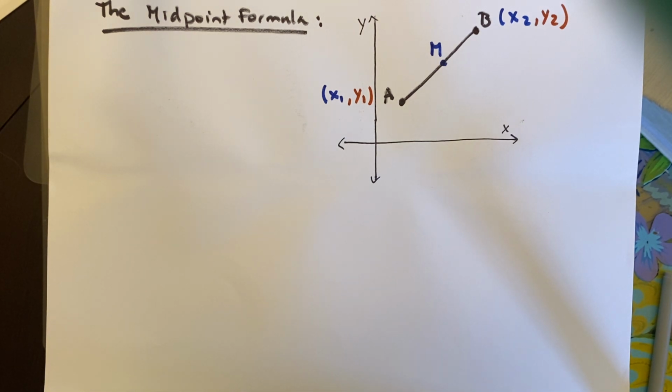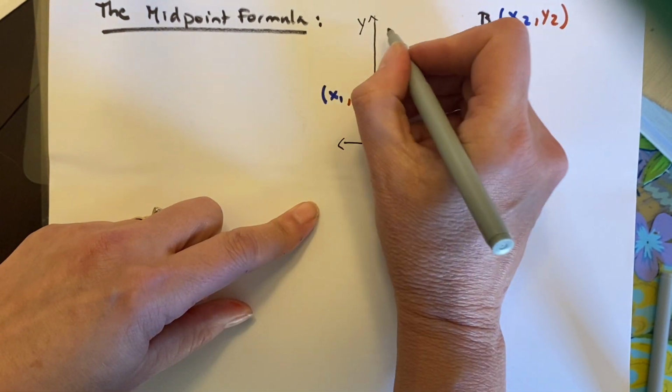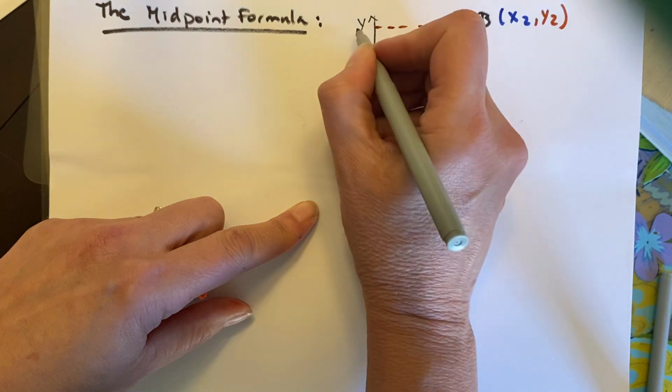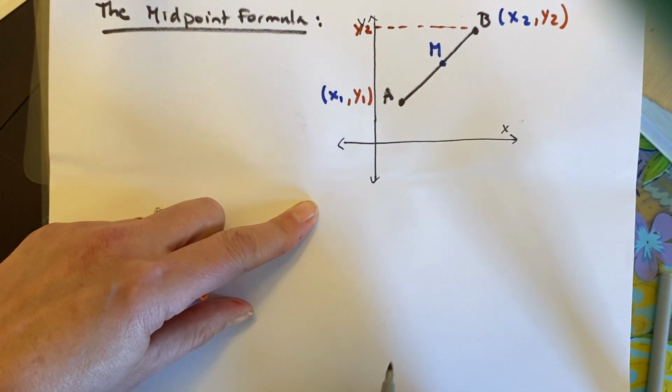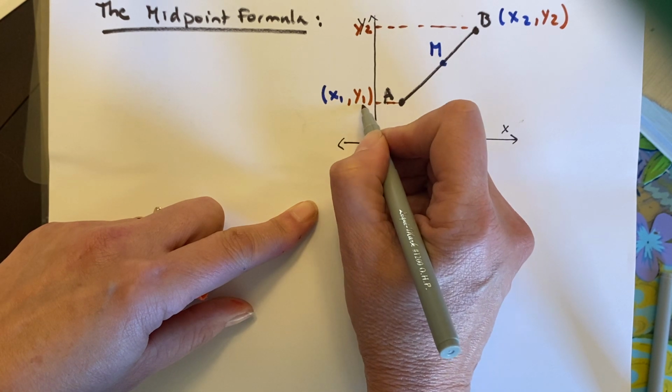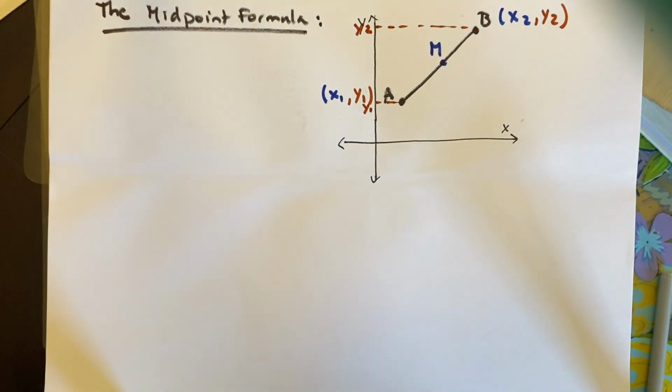Well, very much like we did with the Pythagorean theorem, we're going to see that the y's, if you look at the y, y2 ends up here, y1 ends up here, because those are the vertical coordinates.